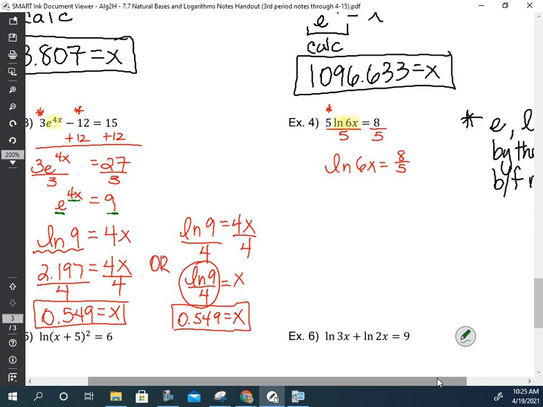Natural log has a base of e, so there's your base, there's your y component, there's your x component. So you can still do a rewrite. e to the 8 over 5 power equals 6x. Any questions before we continue?